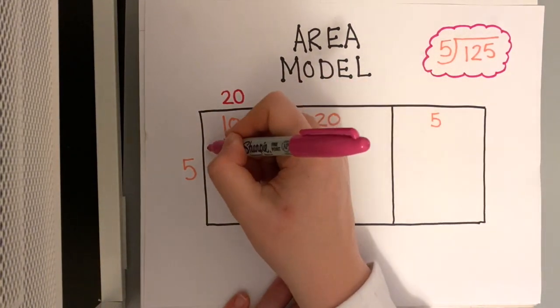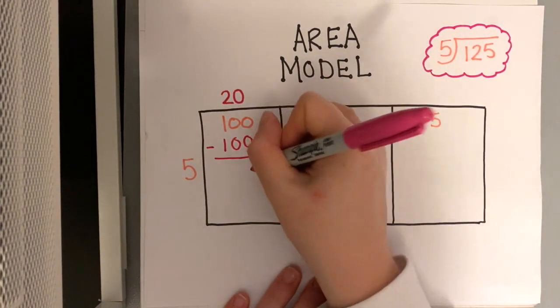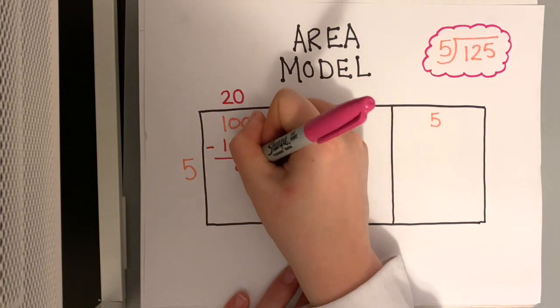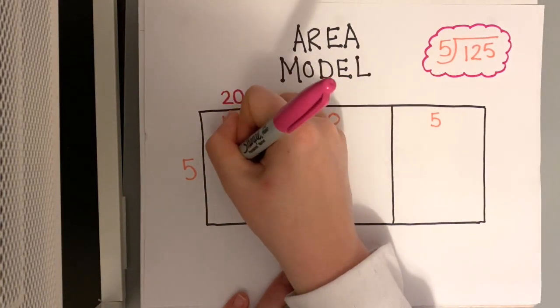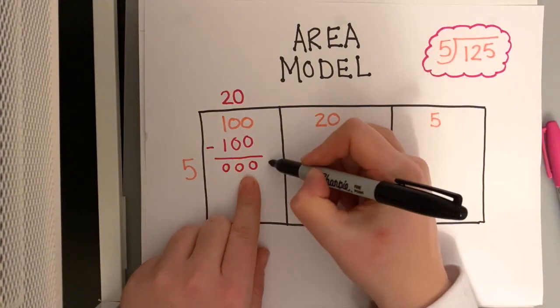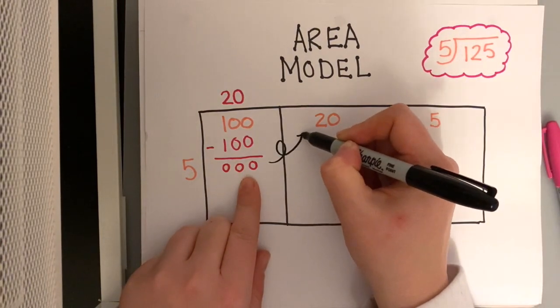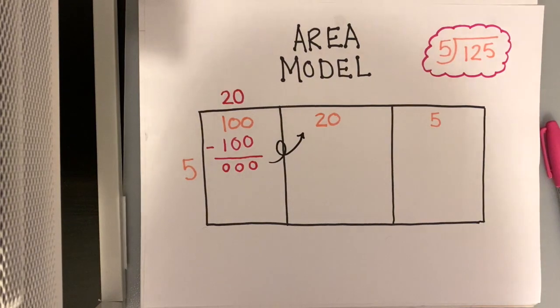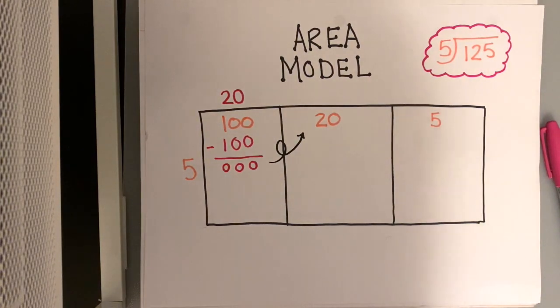Then I'm going to minus these two numbers. 0, 0, 1 minus 1 is 0. So I have nothing to carry over to this side. Don't worry, we are going to do a problem that does carry over so you can see that as well.